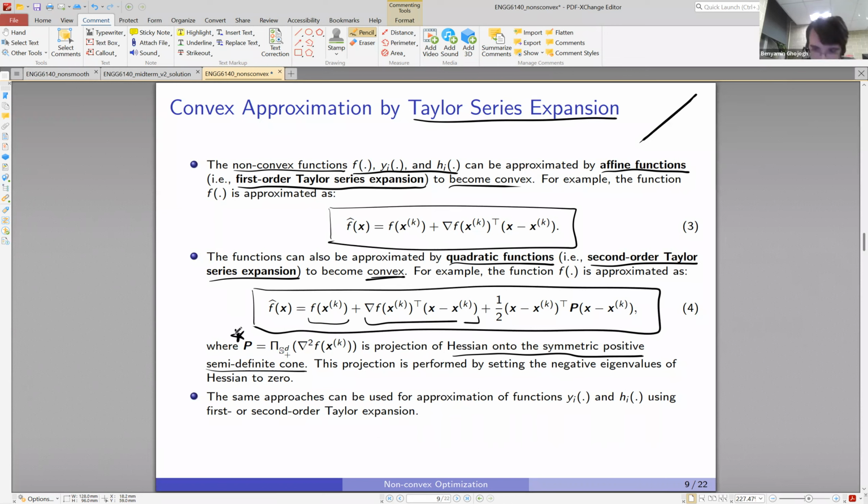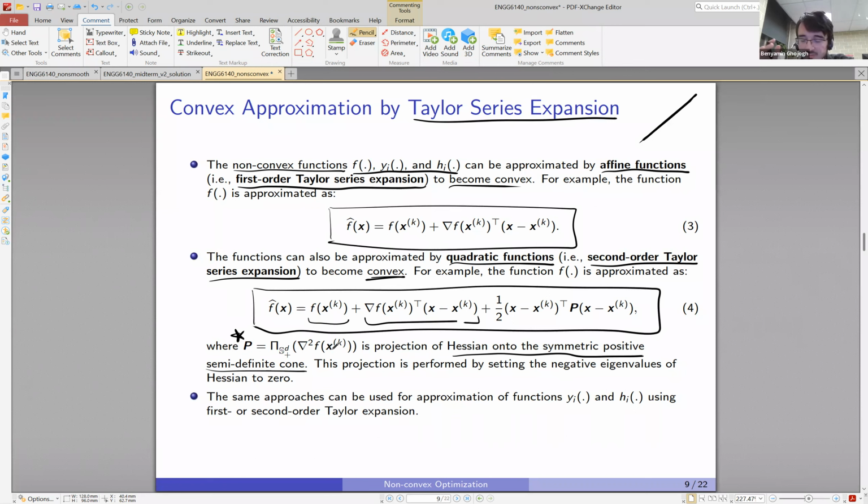Can we do this projection simply? We can. What is the definition of a positive semi-definite matrix? It means that its eigenvalues are non-negative. They are either 0 or positive, right? So for this projection onto the positive semi-definite cone, we can simply take the eigenvalue decomposition of the matrix P here, or the Hessian here, and then set the eigenvalues which are negative to be 0.